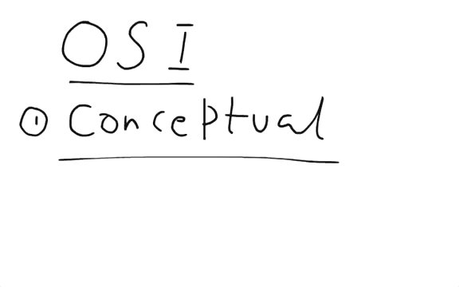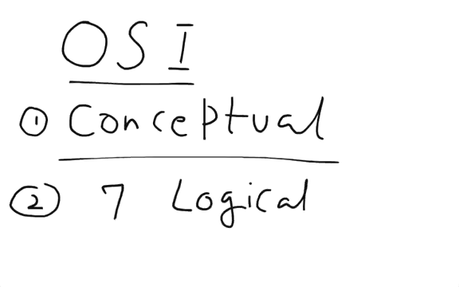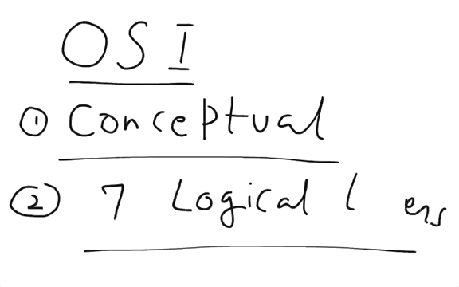This conceptual model divides the similar communication functions into 7 logical layers. And now we will discuss those logical layers.